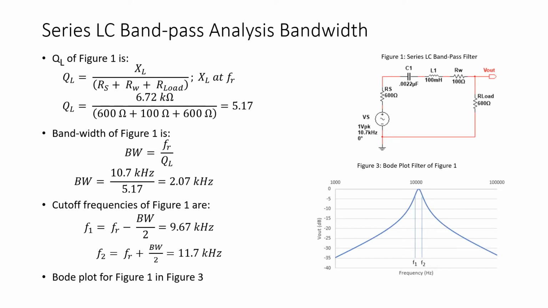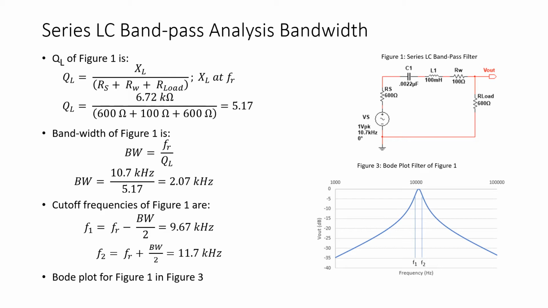So let's go through the analysis to determine the bandwidth of the circuit of Figure 1. The loaded Q factor, X sub L divided by the series combination of RS, RW, and R load, is 5.17. And note, of course, this is unitless because mathematically we're dividing ohms by ohms. The bandwidth of the circuit is the resonant frequency, 10.7 kilohertz, divided by the Q factor 5.17, which gives us a bandwidth of 2.07 kilohertz.